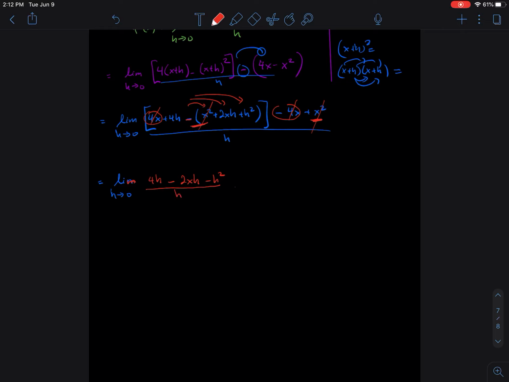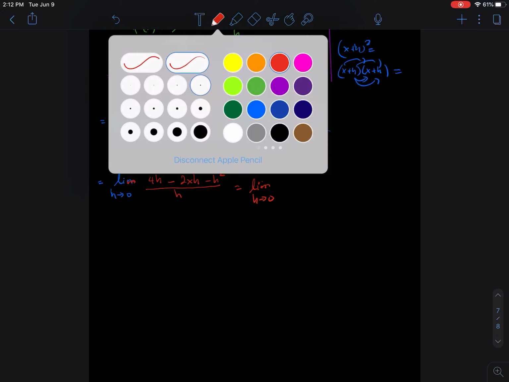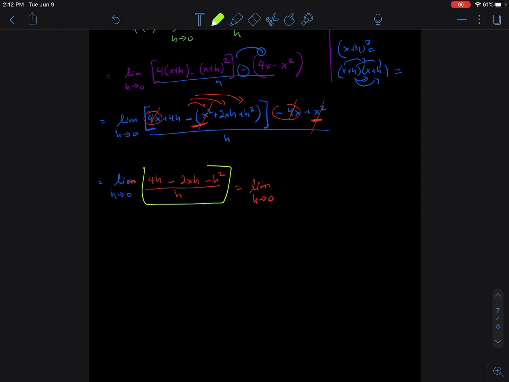To evaluate this quotient by plugging h equals 0, we would get 0 over 0, and that's an indeterminate form. This quotient is defined only when h is not 0. So how do we do this? We want to factor out h and cancel it, because the way it is right now, it's not defined when h is equal to 0.